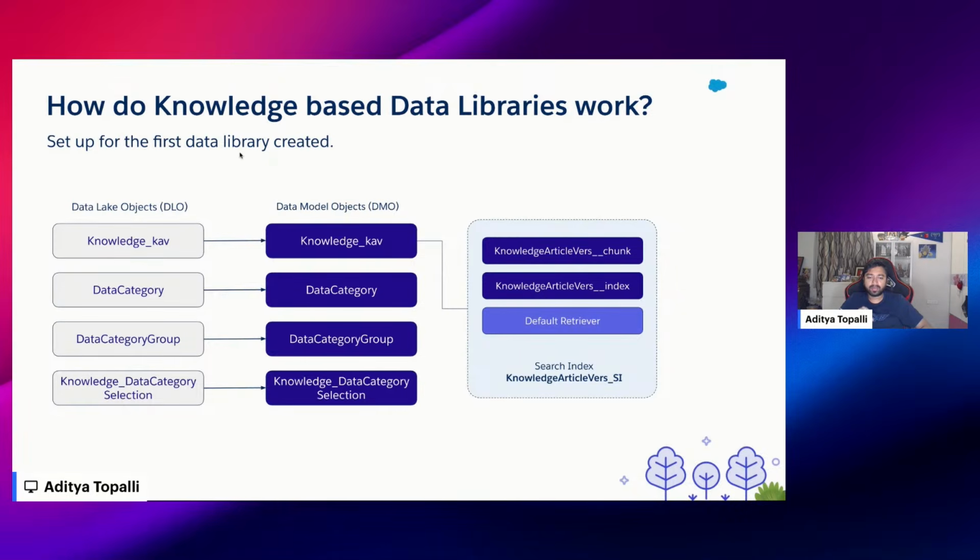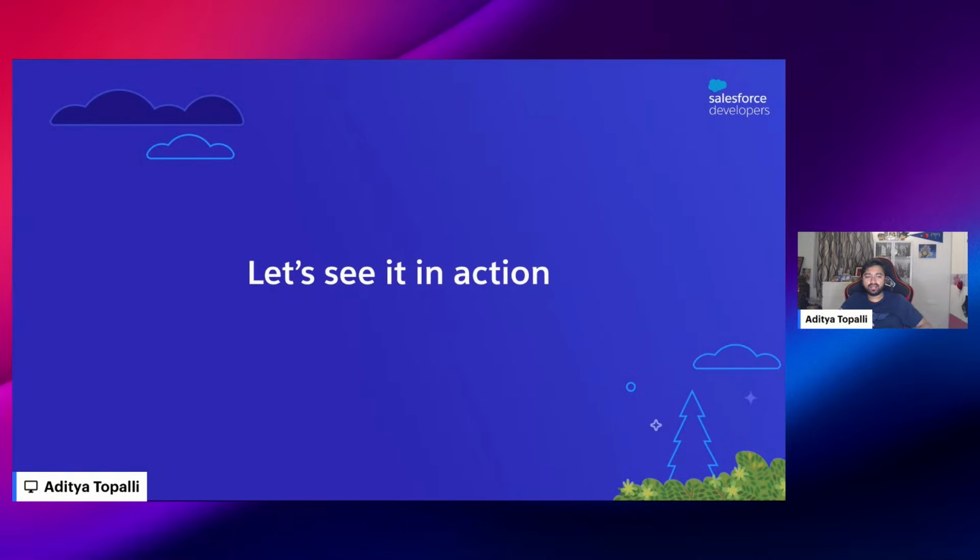So that's how knowledge-based data libraries work. So for file-based, there is rag file UDMO and the relevant chunk objects. For knowledge-based, it is the knowledge KAV object from Salesforce that gets pulled in, and it's created as a data model object.